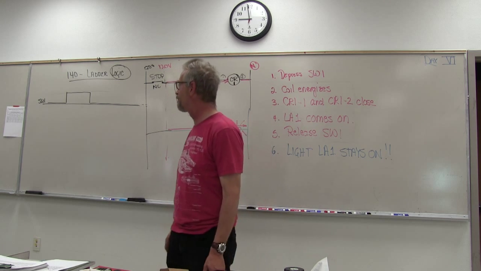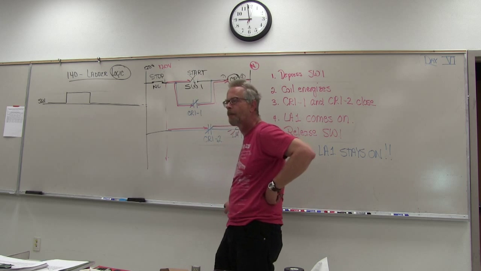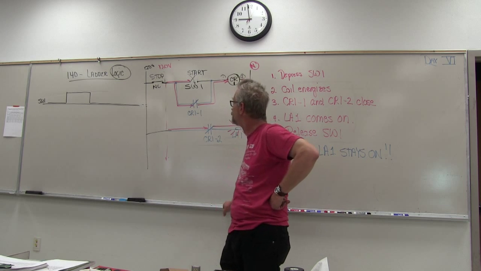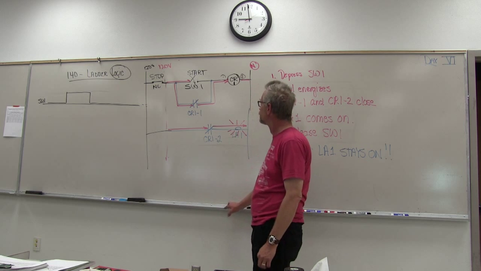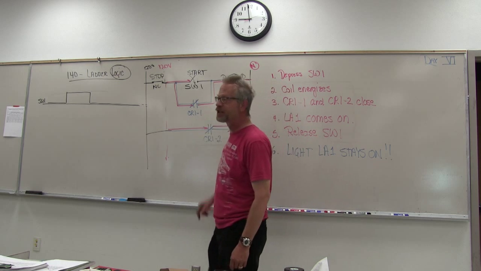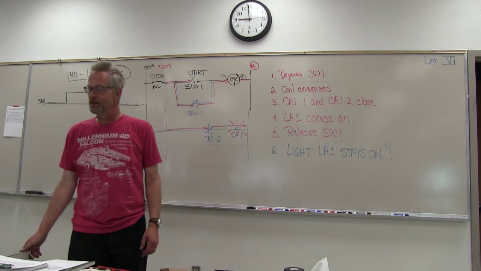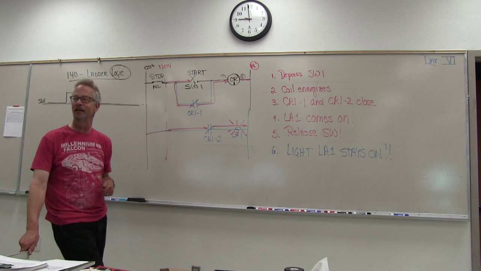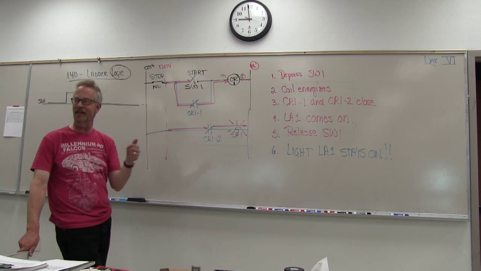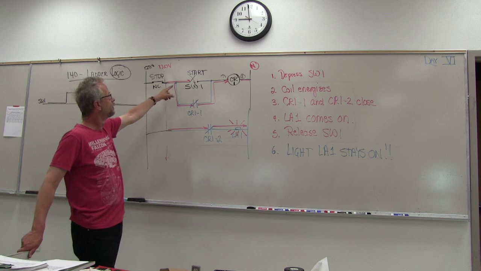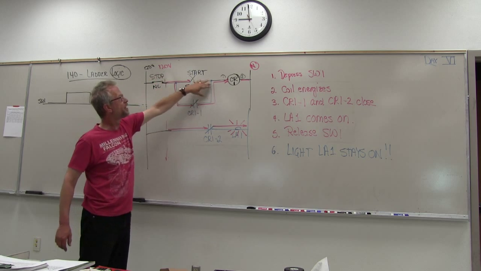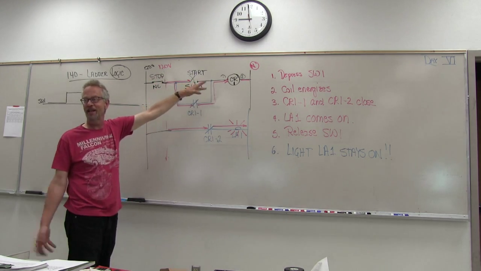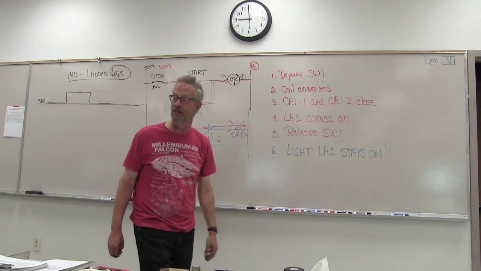It has to go through the stop before it gets to the start. Okay, but this is a latching circuit. It allows us to turn something on by pressing a button and lock that condition, even though the start switch has been released. We created another path around it, which is maintained even after we release that start button.